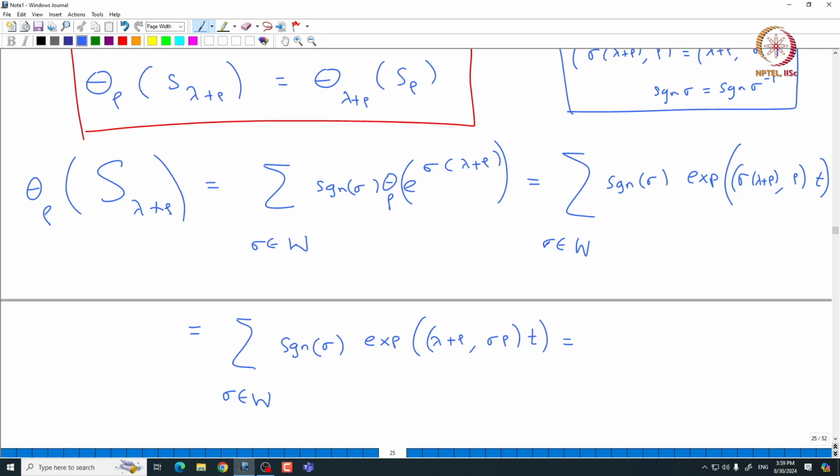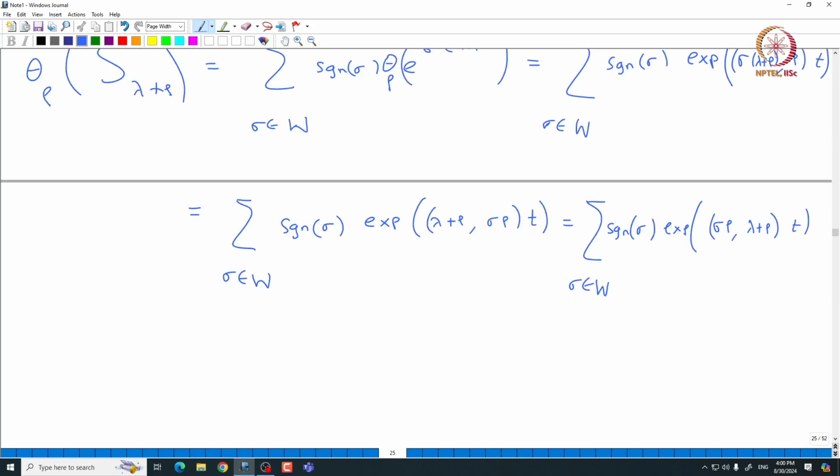So, this is the same as the summation of sign of sigma times the exponential of sigma rho comma lambda plus rho times t, where sigma is in W, and this is exactly equal to theta of lambda plus rho applied on S of rho, because S of rho is nothing but the summation of sign sigma times e to the power sigma rho.